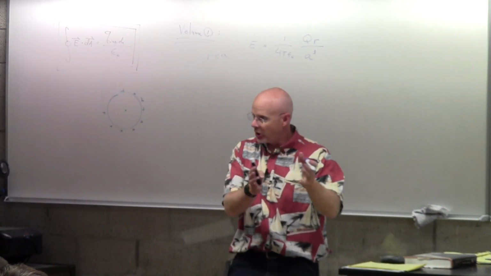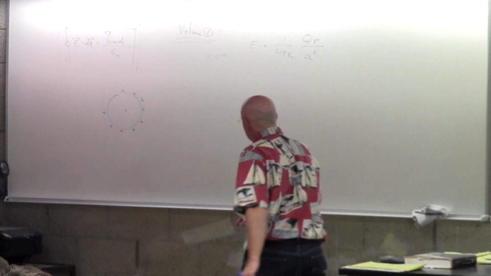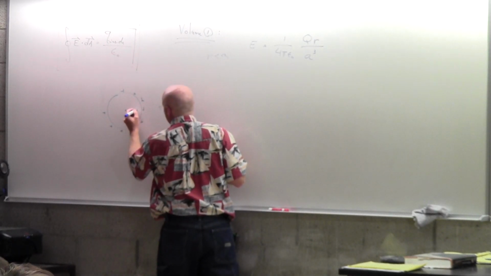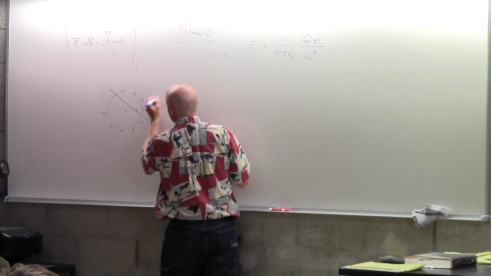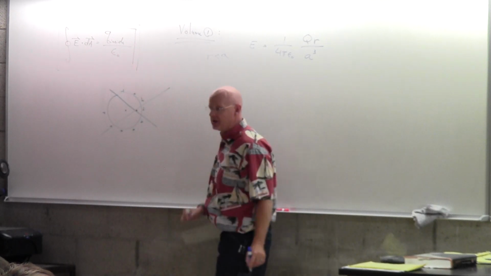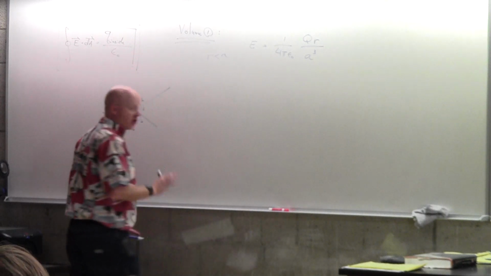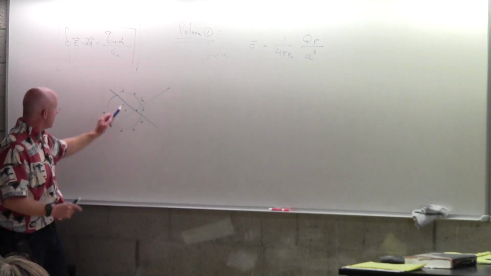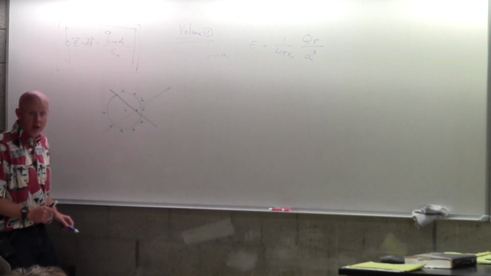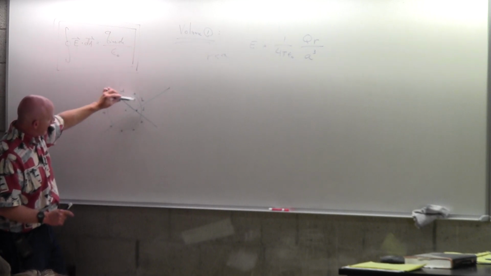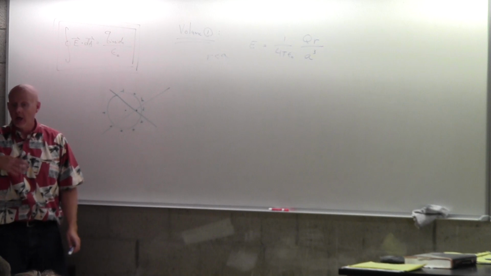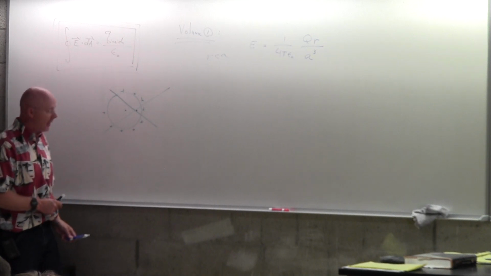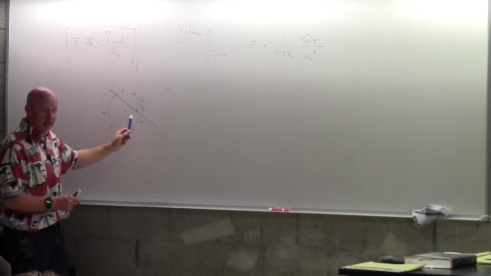You have equal charges left and right. But if you get closer to one side of this shell, and maybe you draw two intersecting lines, so you take that shell and divide it into 4 pieces, 1, 2, 3, and 4. These two on top and bottom, I think, are easy to argue. Hey, they're going to cancel off. They're exactly matching top and bottom. But are these two going to cancel off?